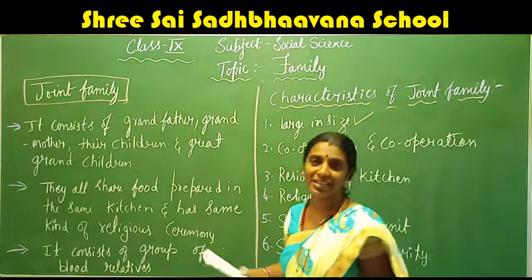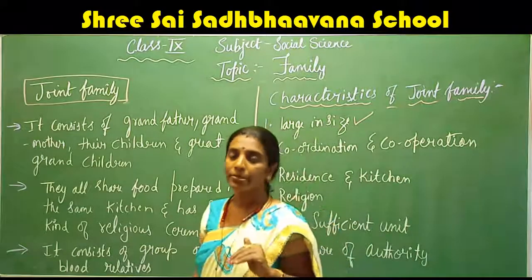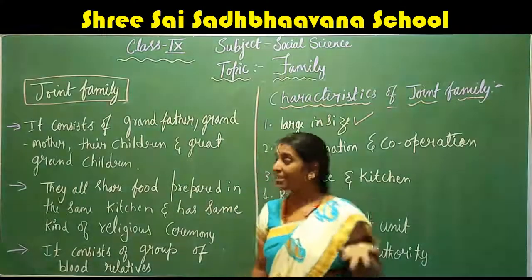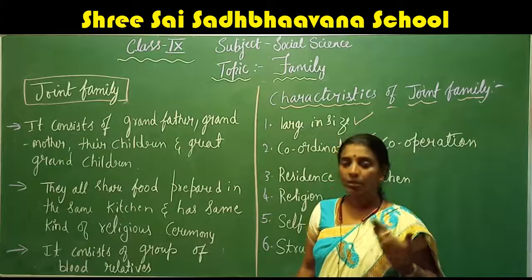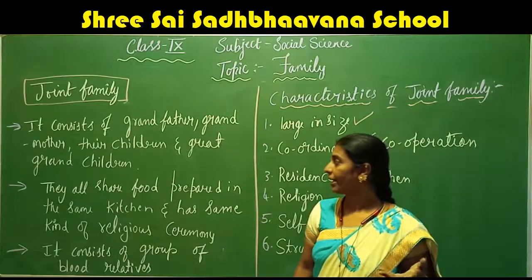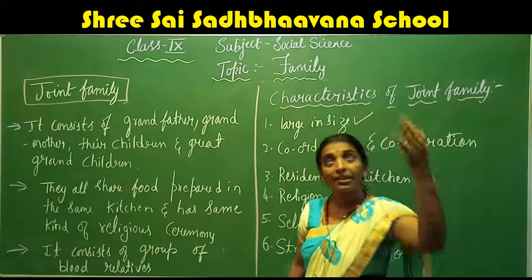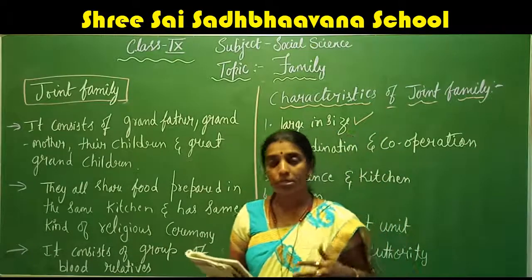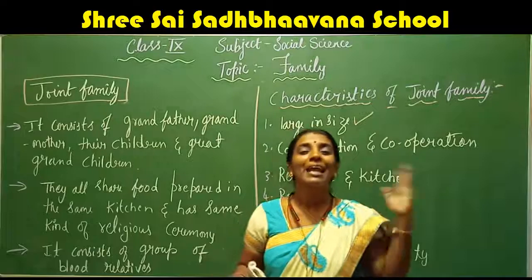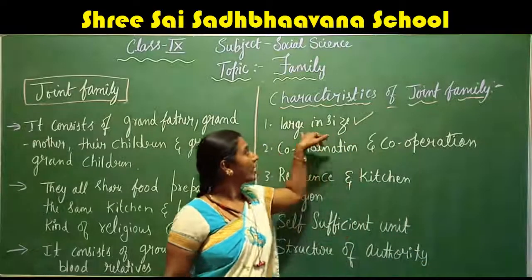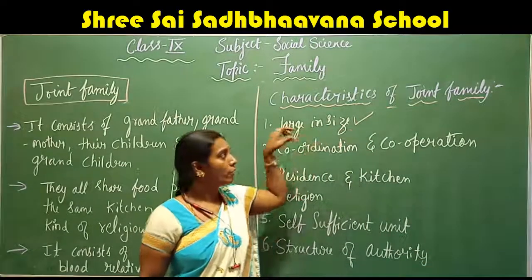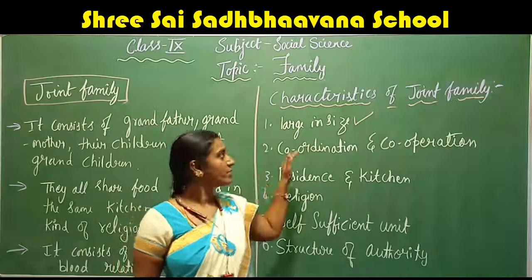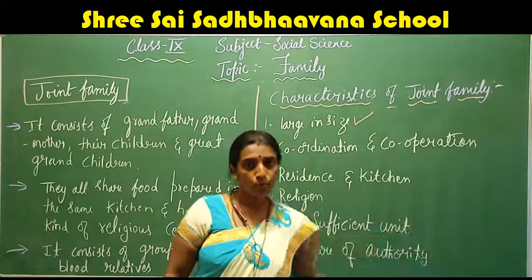So it is large in size because of many members, a group of blood relatives, grandfather, grandmother, their children, their great grandchildren, all staying under the same roof. So it is called a joint family. The joint family is large in size because the members in this joint family will be more.